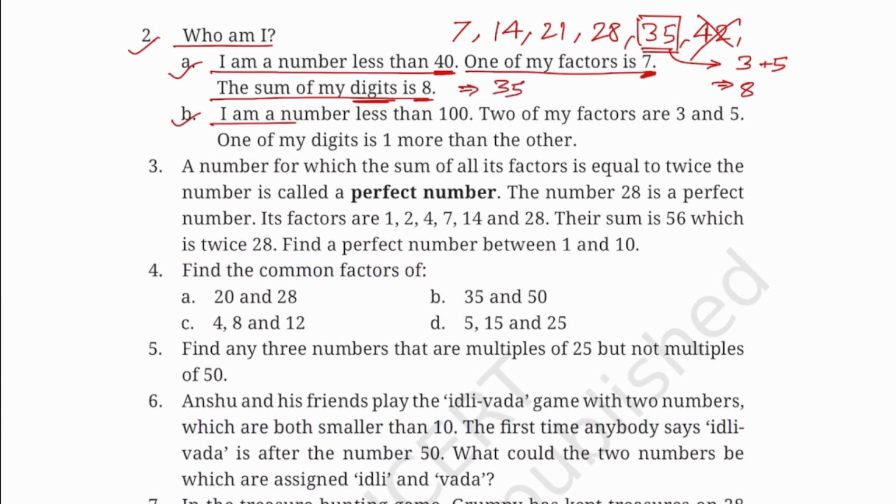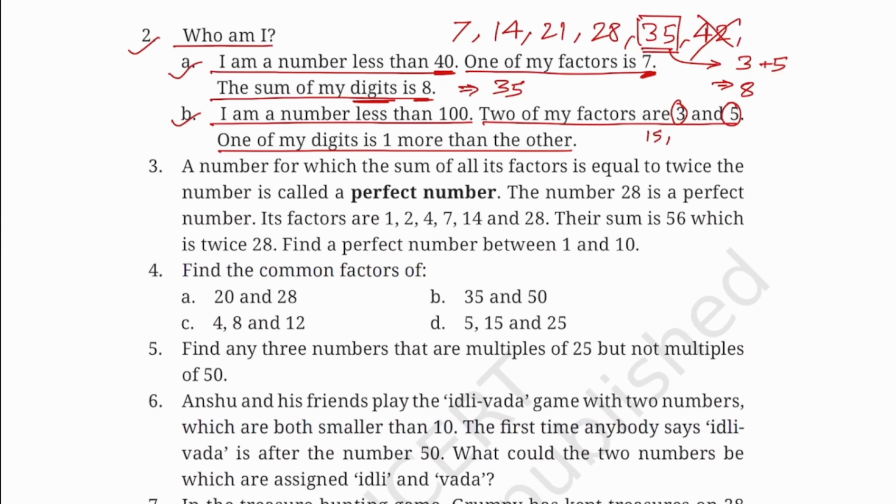B. I am a number less than 100. Two of my factors are 3 and 5. One of my digits is one more than the other. Since factors are 3 and 5, the number could be a multiple of 15.